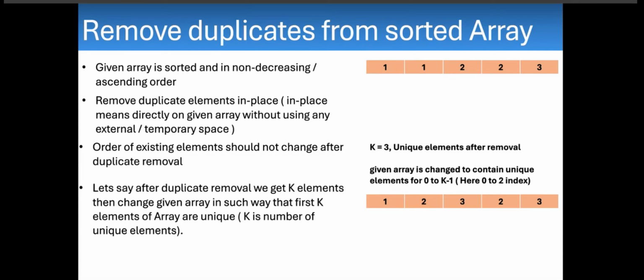It says remove duplicates, but the ask is that we modify the given input array itself, so that from 0 to k minus 1 it contains the unique elements from the input array, in the same order as in the original array. And when we return, we need to return the number of unique elements, which is 3 here.